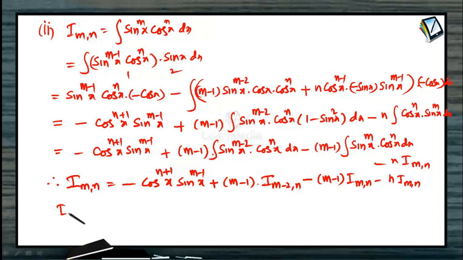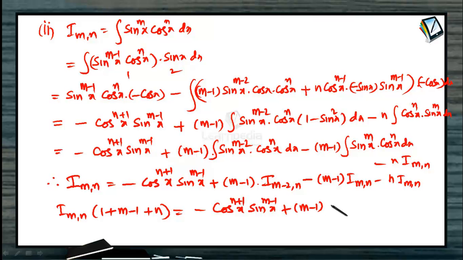So if I bring all these Imn together on one side, that is (1 + m - 1 + n) Imn is equal to minus cos^(n+1)x sin^(m-1)x plus (m-1) I(m-2, n).